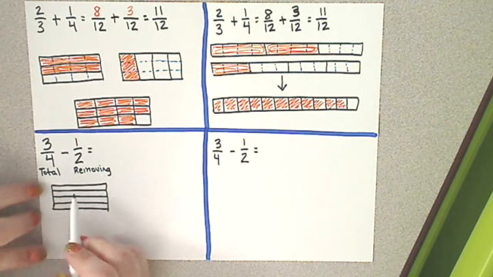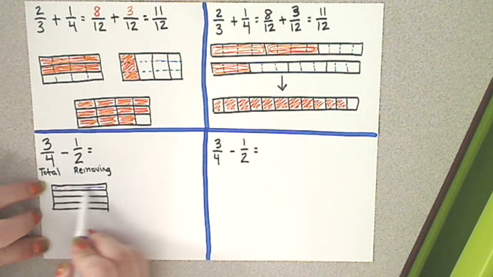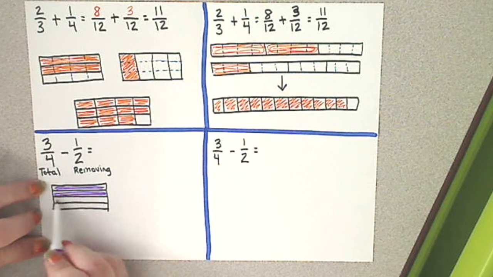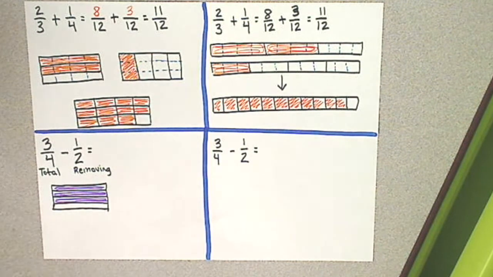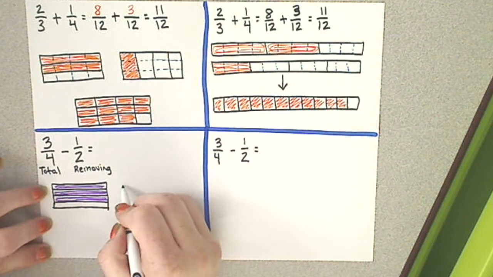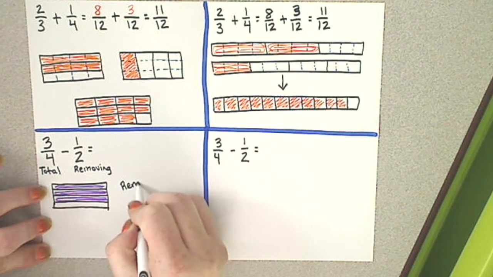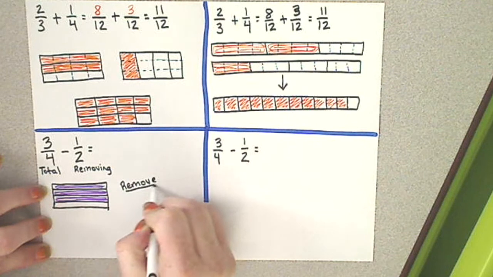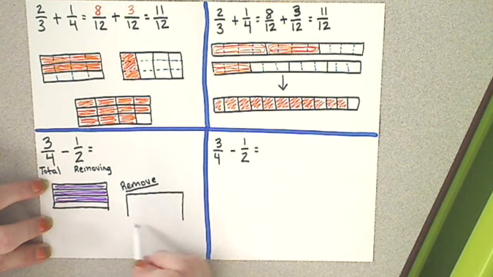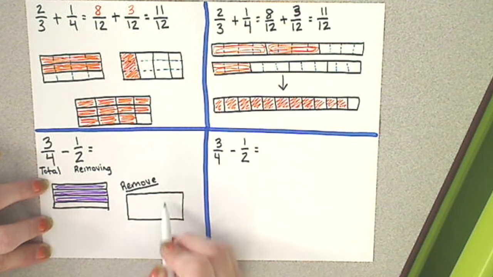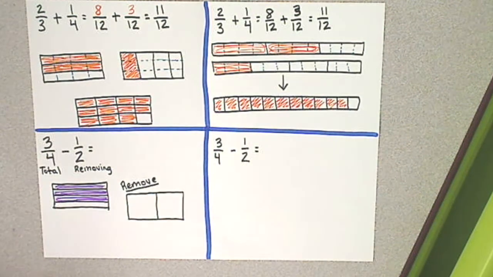I'm going to start with 3/4, and I need to take away 1/2. So I need to remove 1/2.